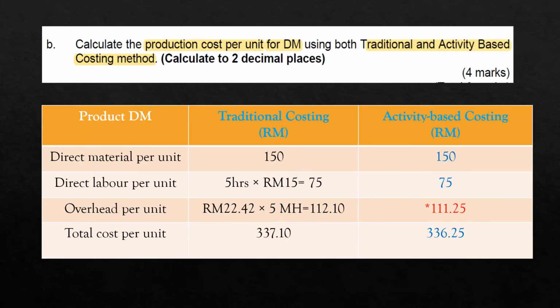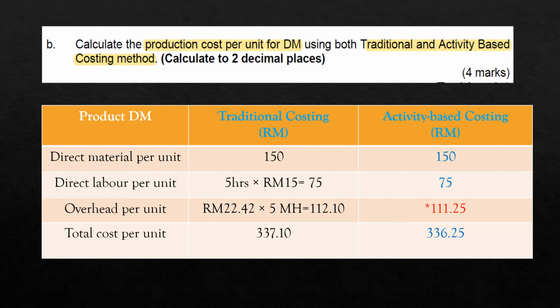In question B, you need to calculate the production cost per unit for product DM using both methods. So in arriving at the production cost per unit, you need to include the cost of direct material per unit, the cost of direct labor per unit, and the cost of overhead per unit. So let us begin with direct material per unit.